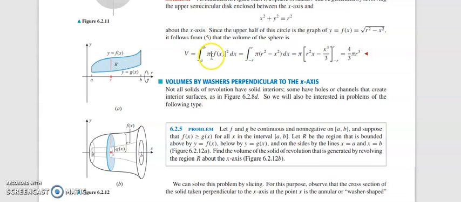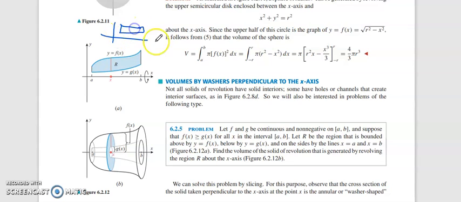We saw the first example earlier. If you have a region like this, when you revolve around the x-axis, you get a hollow sphere in that case. Here, when we revolve this region, we will get a hollow solid. So there will be a hollow portion inside the solid. If you look at the cross section, it is in the form of a washer.